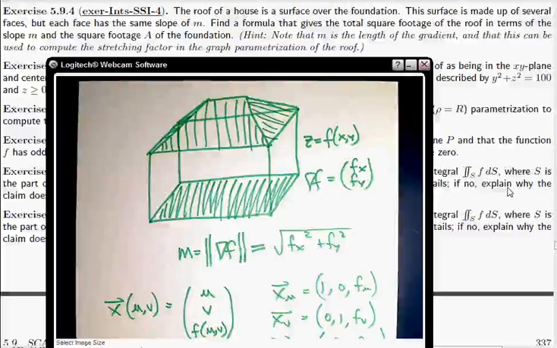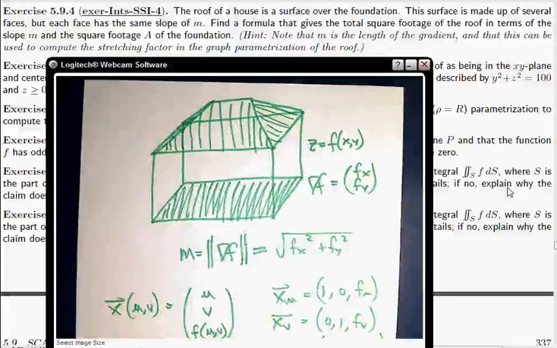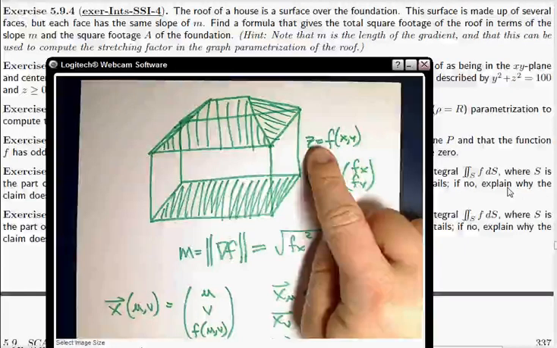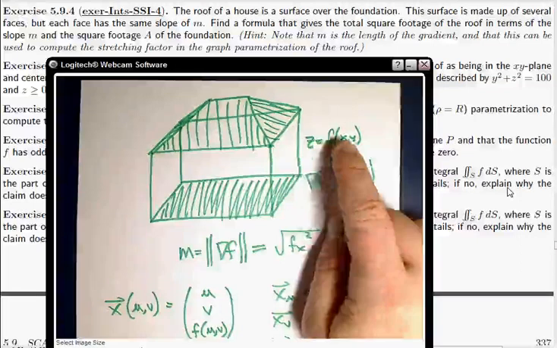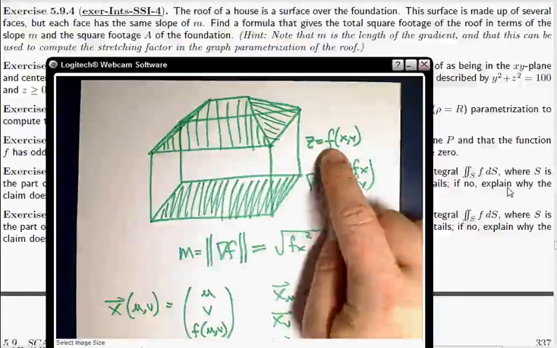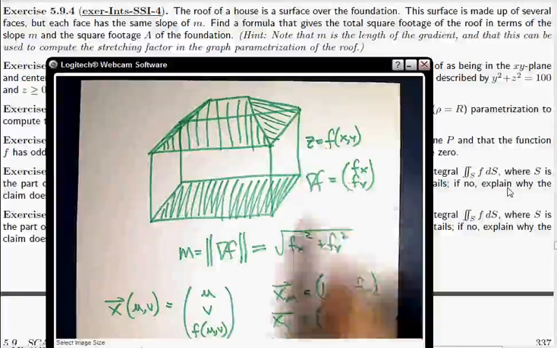So in particular, we know that the roofs don't ever wrap under themselves and stuff like that. So I know that I can write a roof as an equation of this sort. In other words, I know that I can view a roof as being z as a function of x and y. So I look at this function f because I know that I can do this. Does that make sense? Yeah.